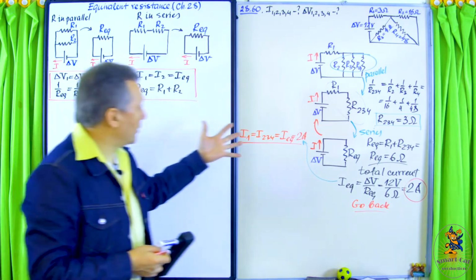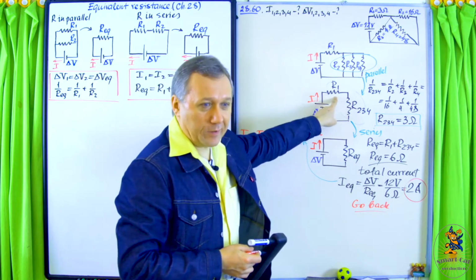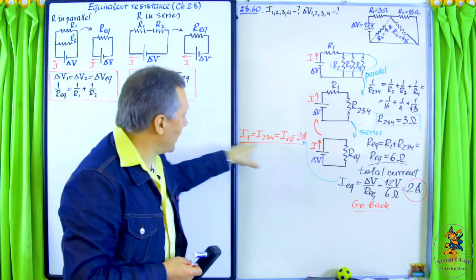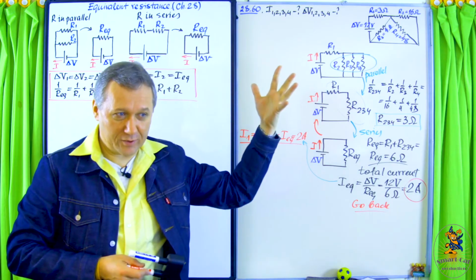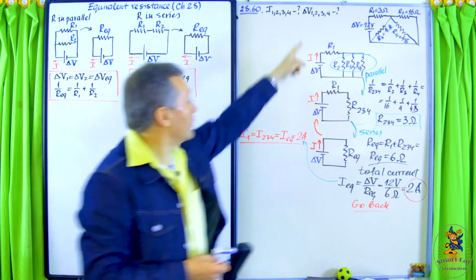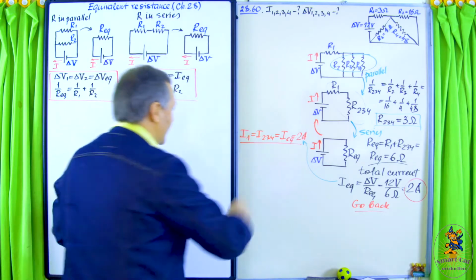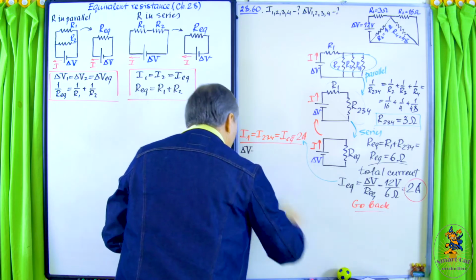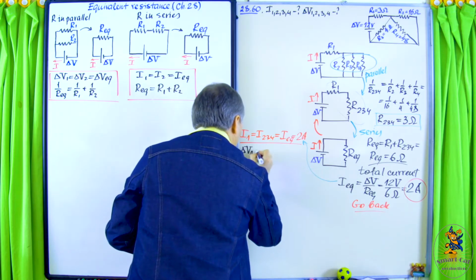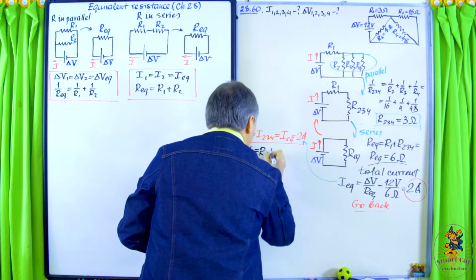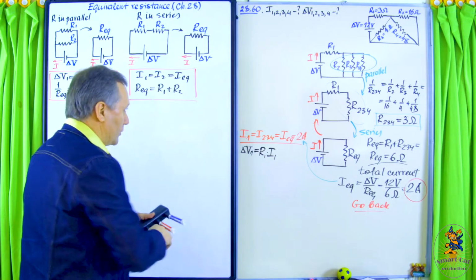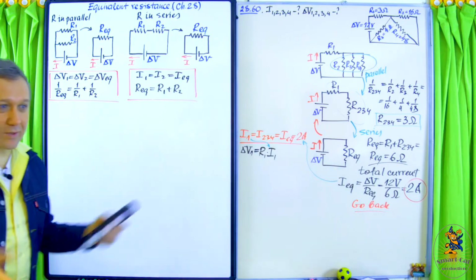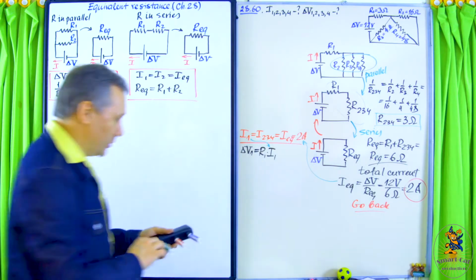Now look, for example, at resistor R1. We know the value of R1, 3 ohms, and we know the current, so we can find the potential difference, delta V1, which also needs to be found. So delta V1 equals R1 times I1. As I told you, I1 comes from the bridge because it is equal to the total current, 2 amps.